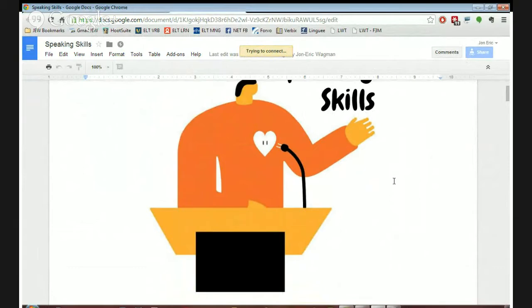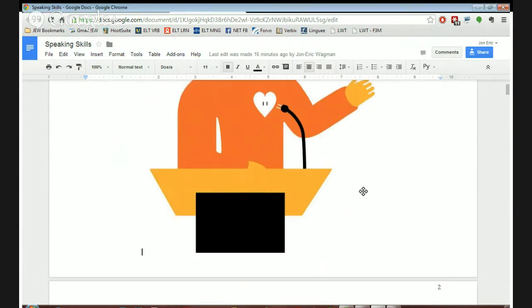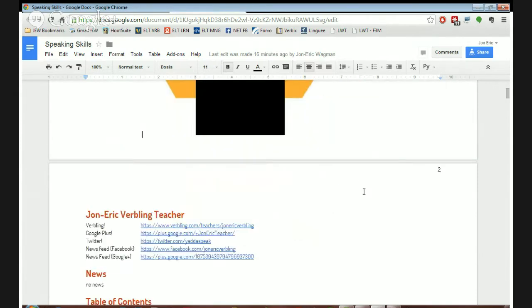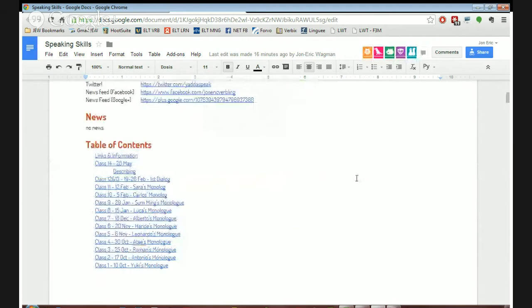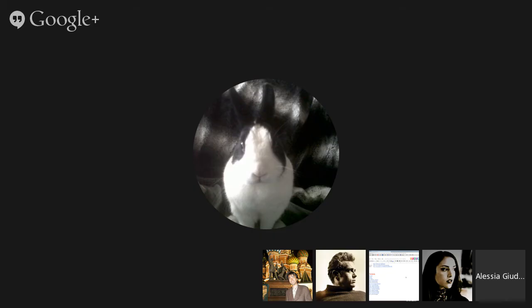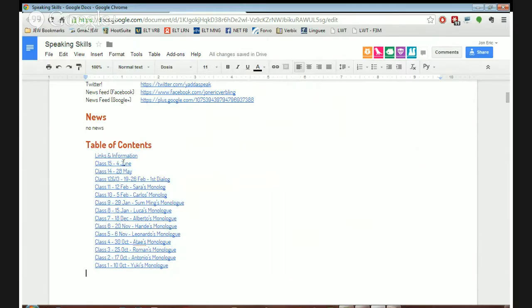Let's see if this is working. You know, I switched to Chrome because Firefox didn't seem to be working with the Hangouts. And now Chrome seems to be having the same problems. Hopefully, okay, it looks like it's loading now, just very slowly. All right. Okay, I think we're ready to go.